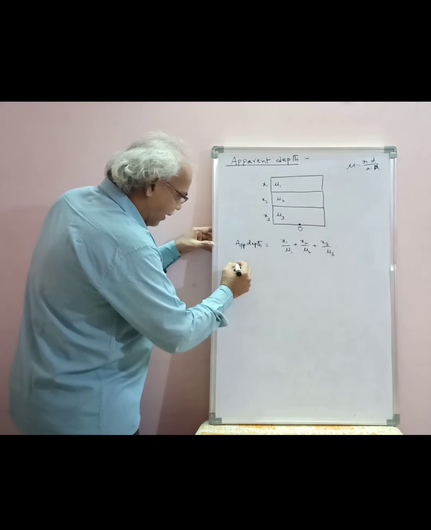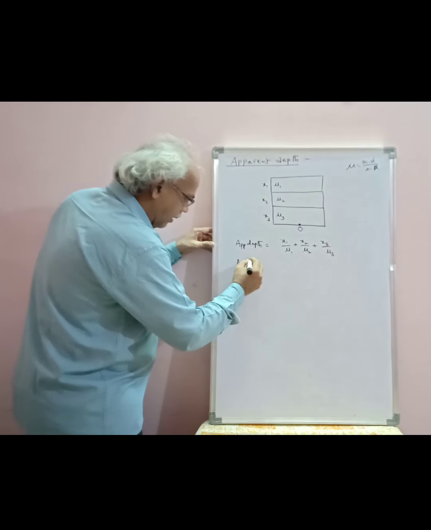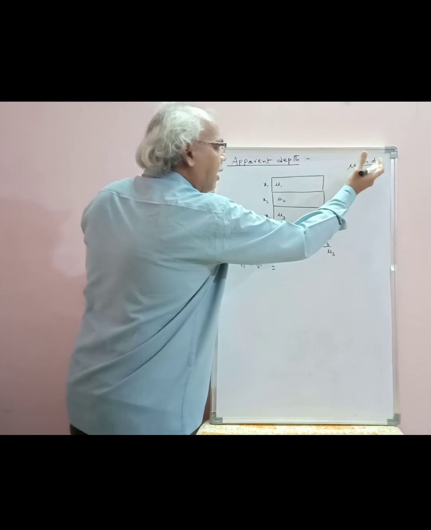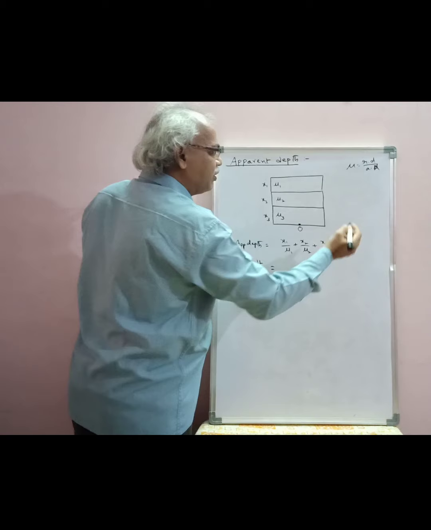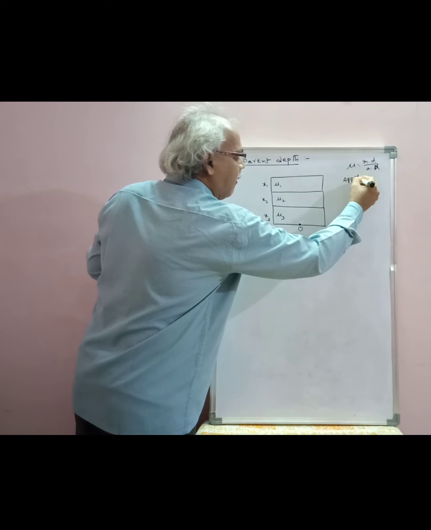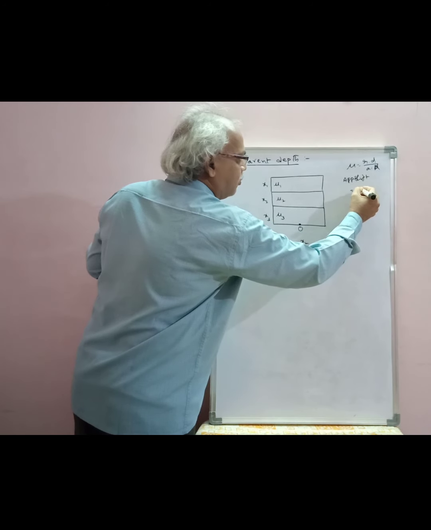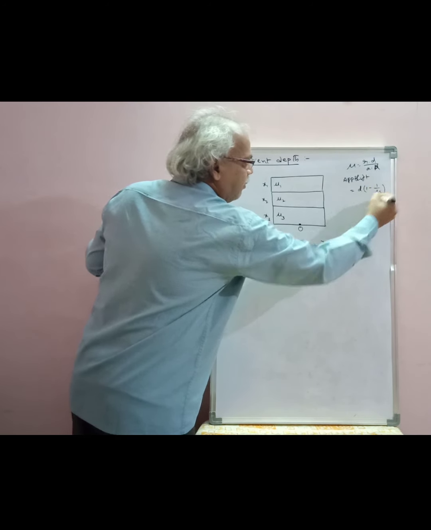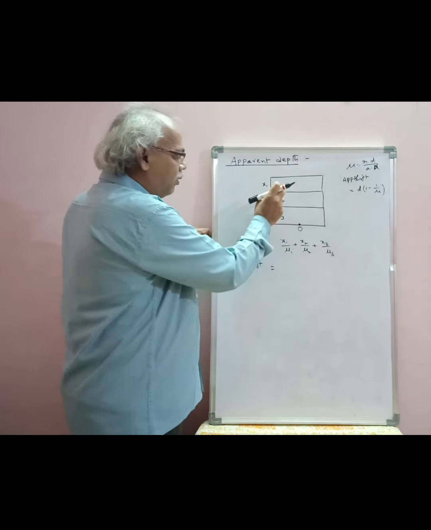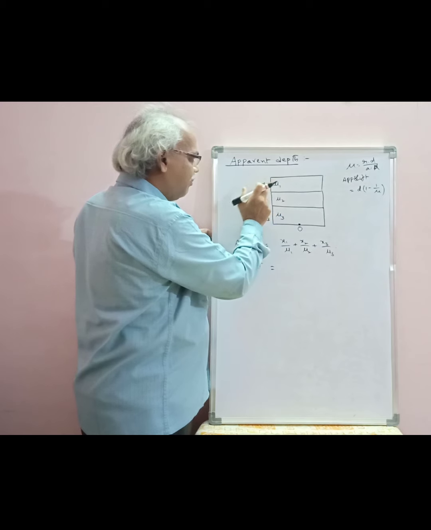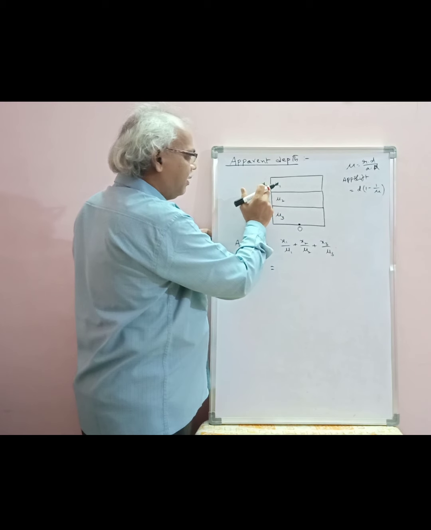Then apparent shift. From this apparent shift, we already discussed that apparent shift is equal to d into 1 minus 1 by mu. Here also for this glass slab or any other denser medium, the thickness is say x1.